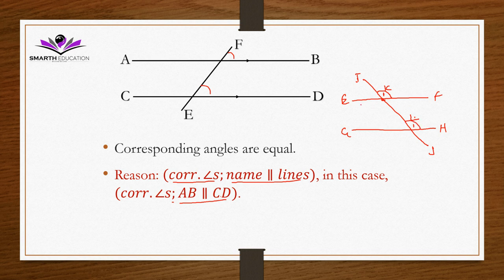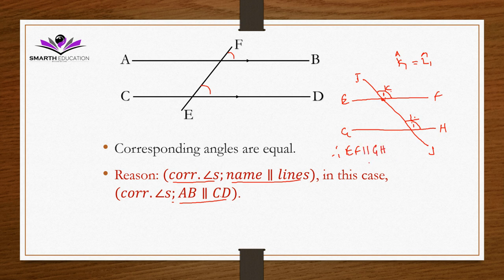We are not told that EF is parallel to GH here. We just know that angle K1 is equal to angle L1. Okay. So if the corresponding angles are equal, then these lines EF and GH are what? Parallel. So we can conclude here and say, therefore, EF is parallel to GH.